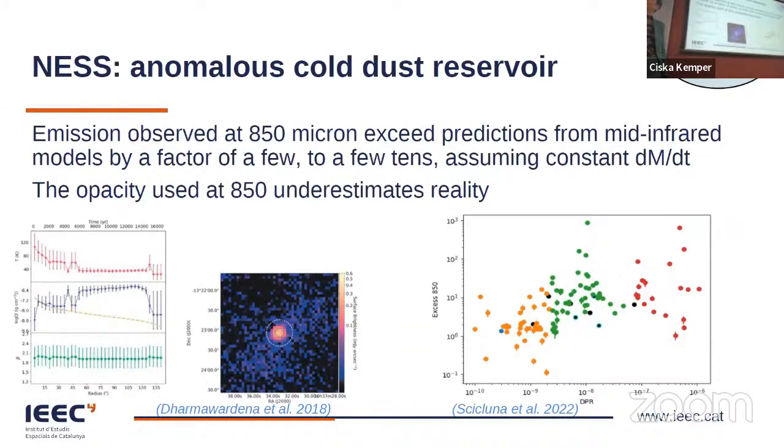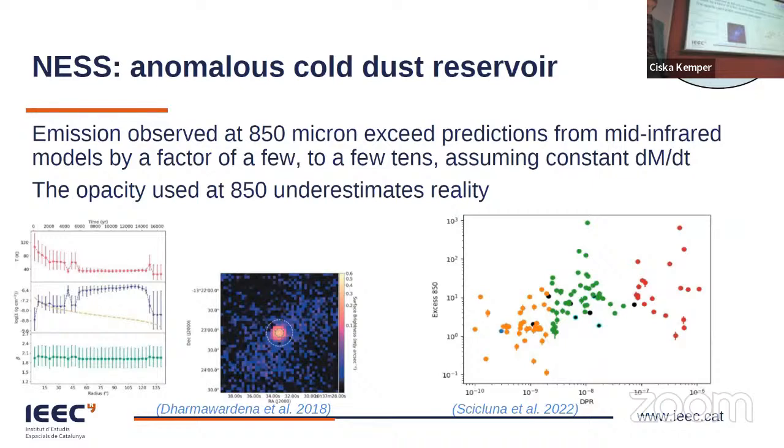But why this idea that you are using constant mass loss right here? I mean, these are AGB stars, so we know that they have thermal pulses, so they have some episodic mass loss. Yeah, they do. But there is a kind of minimum mass loss rate which corresponds to the state where they are in the interpulse state.